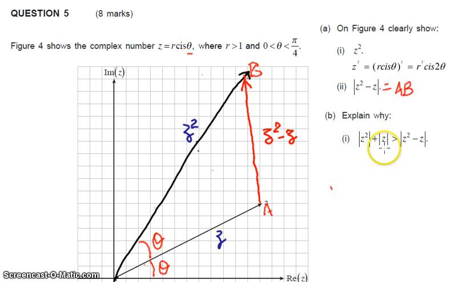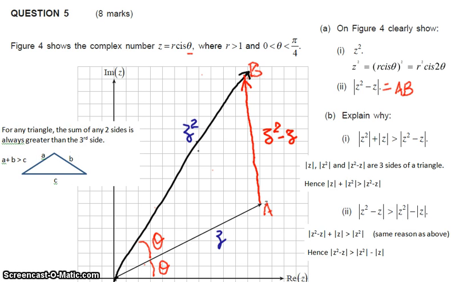Right, we move on to part B. And to explain this, we need to look at the theorem of triangle. Now, for any triangle, the sum of any two sides is always greater than the third.